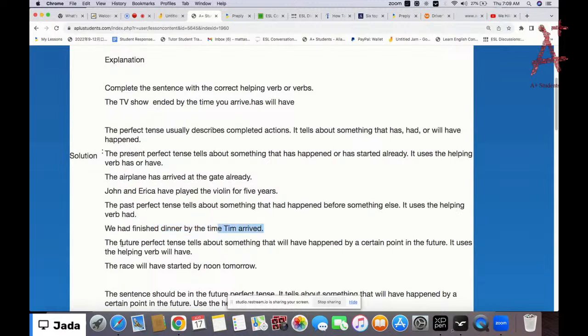Okay, and then the future perfect tense tells about something that will have happened by a certain point in the future. So now the future perfect tense is talking about the future. Something that will possibly happen or will have happened by a certain point in the future.